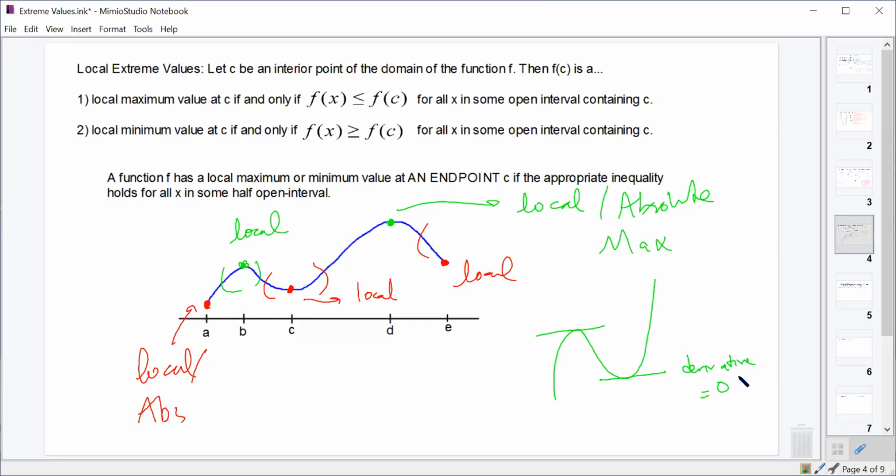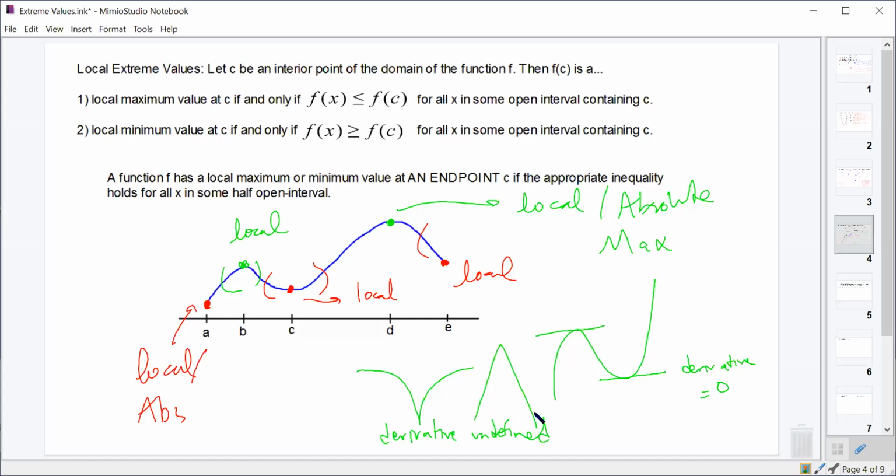And what about when the derivative, let's say, is undefined? For example, if we have a cusp, couldn't that also be a local minimum? Or if I had a corner, couldn't that be a local maximum or a local minimum, right? True or no?